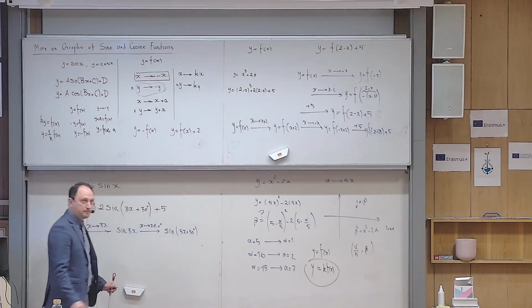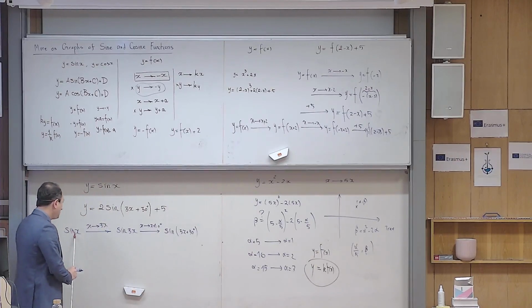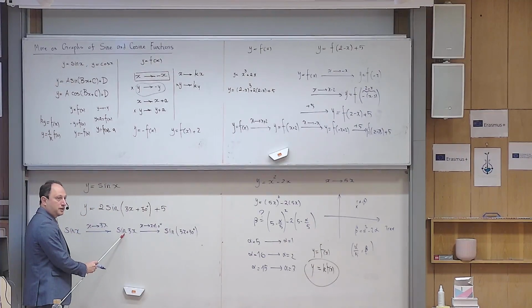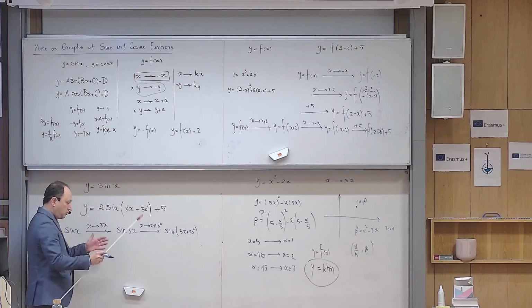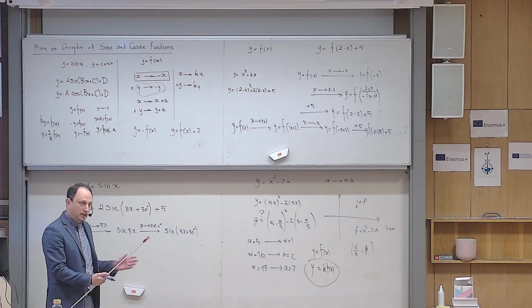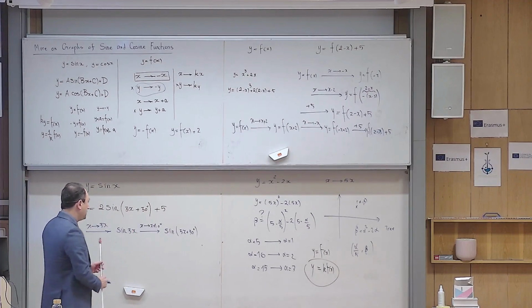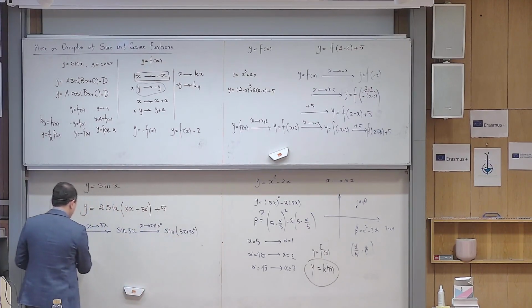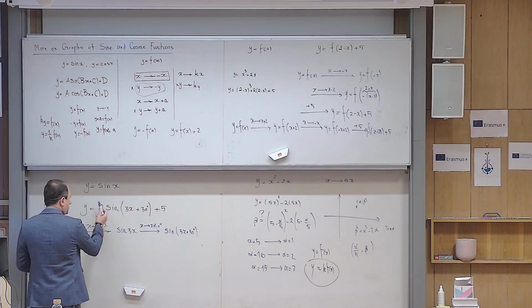Yes? Am I right? Okay, can you tell me, so from here to here, I squeezed along the x-axis by a factor of 3. Then what I have in my hand now, I shifted 10 degrees to the left because 10 is positive. And now I have the graph of this function, but I am not there yet because I need this one and that one.